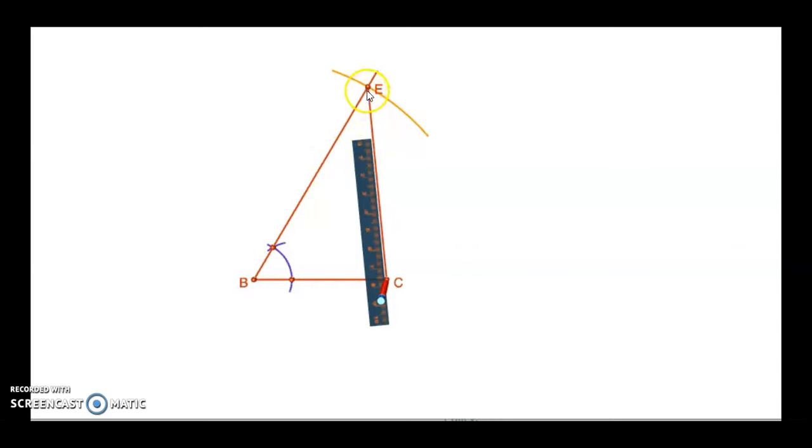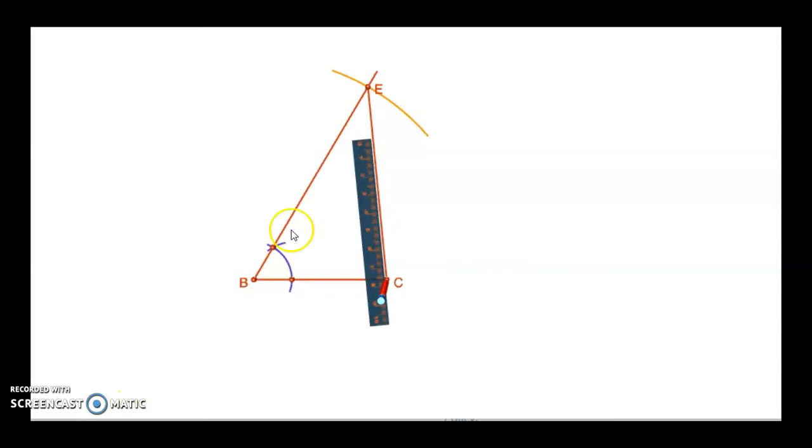Now our task is to find a point on this line segment BE, a point A, such that my AB plus AC should be equal to 12 centimeters.